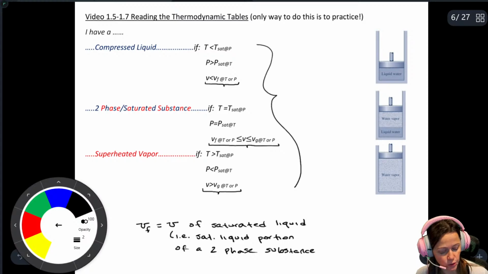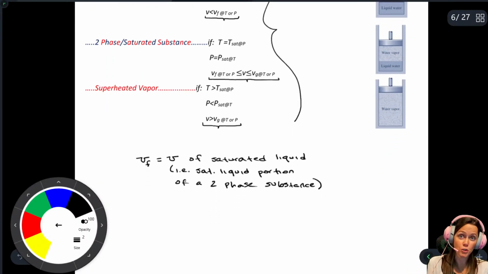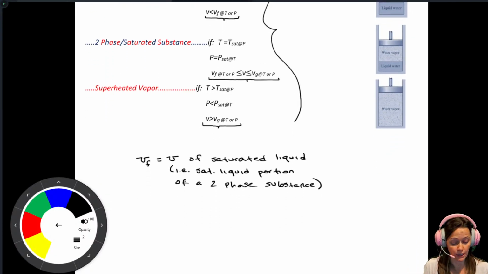Right, so in that two-phase region, remember you've got two phases. You've got saturated liquid and you've got a saturated vapor. That V sub F is the specific volume of the saturated liquid portion of that.